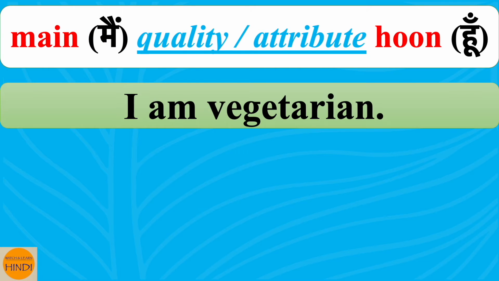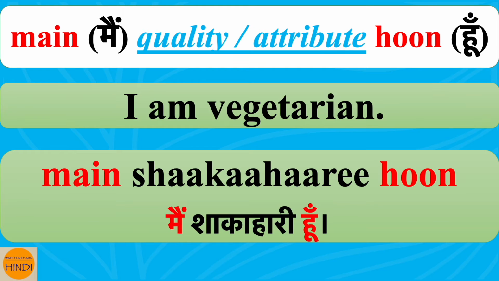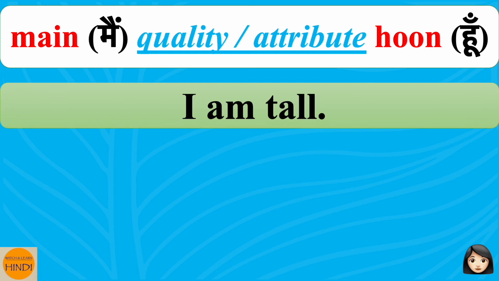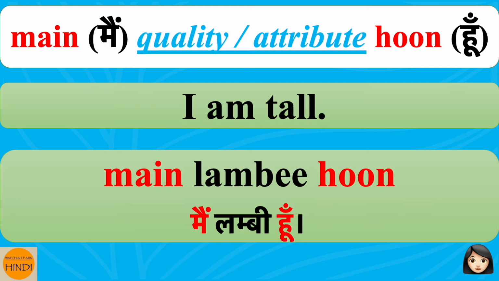For a quality or an attribute, if you want to say I am vegetarian, you will say मैं शाकाहारी हूँ, where शाकाहारी is vegetarian. If you want to say I am tall, in Hindi it becomes gender specific.